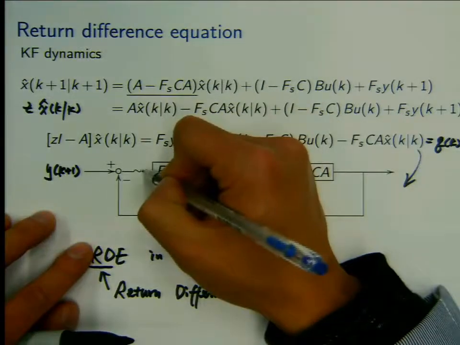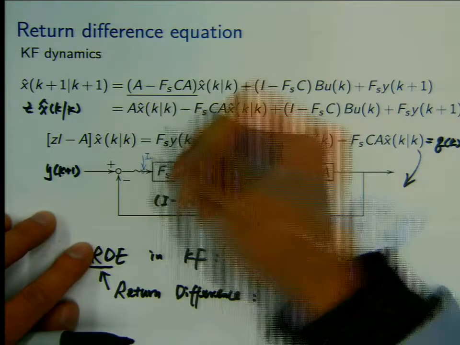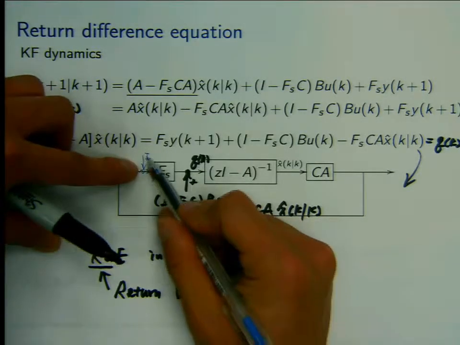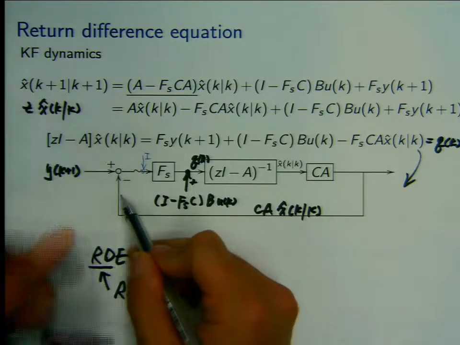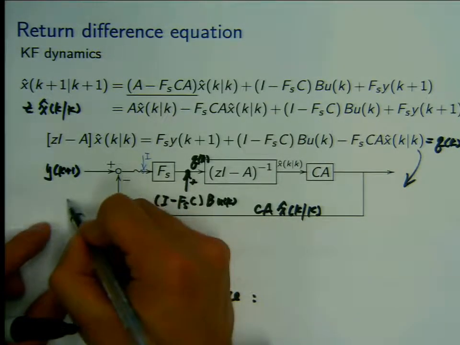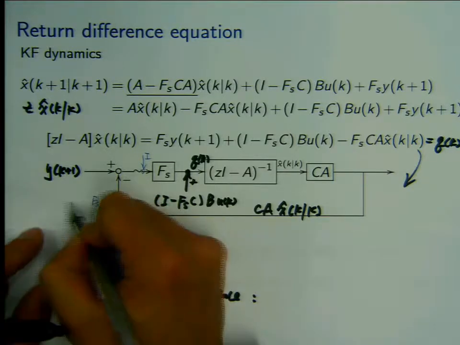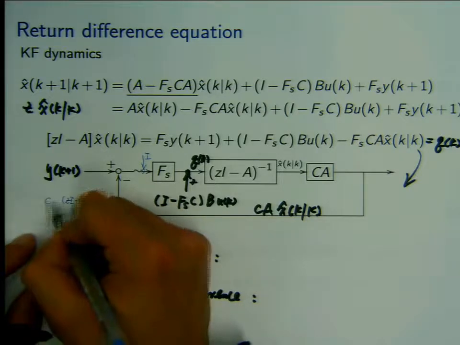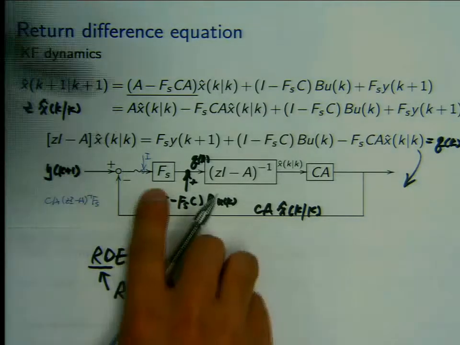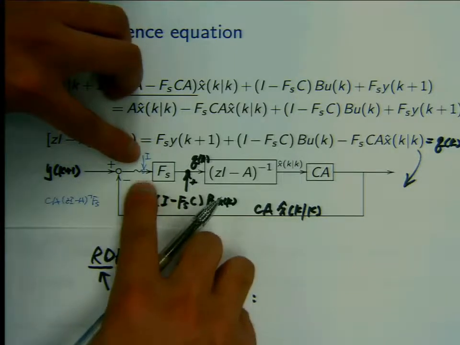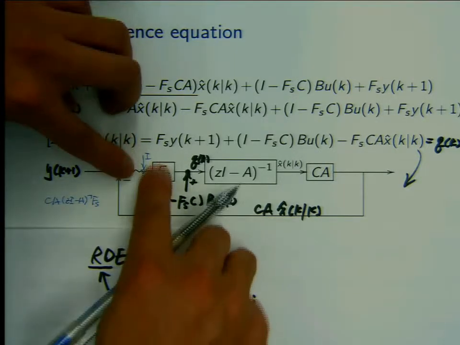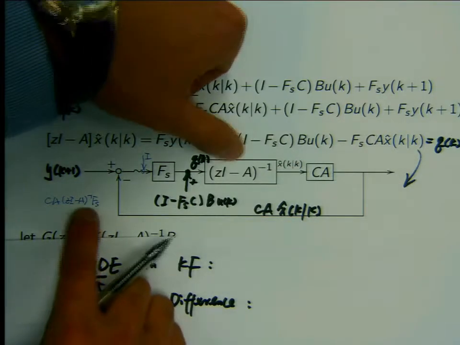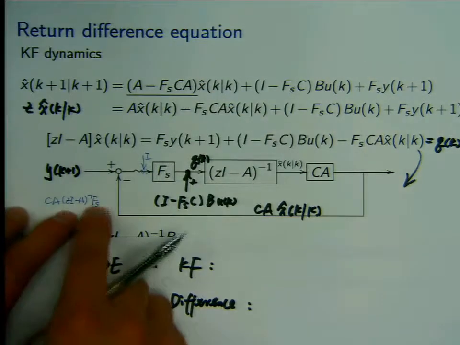If I inject a signal identity here, then passing through this path, the signal here is going to be Fs (zI minus A) inverse C A. If I inject the identity signal here, passing through this path, I'm going to get Fs (zI minus A) inverse C A. This is the signal here.